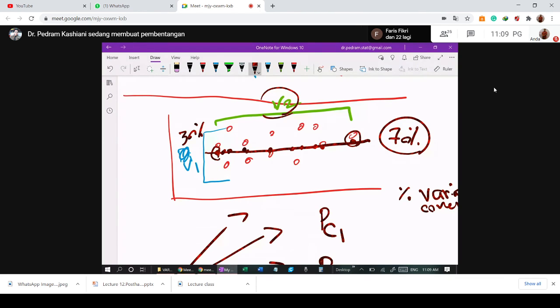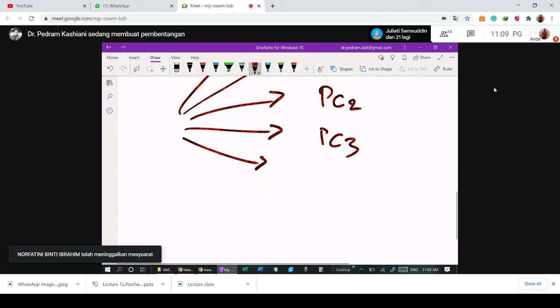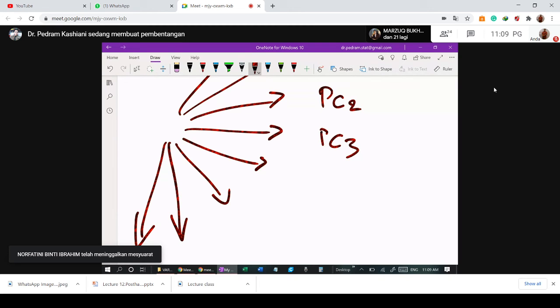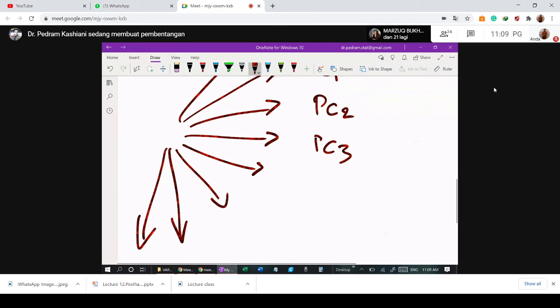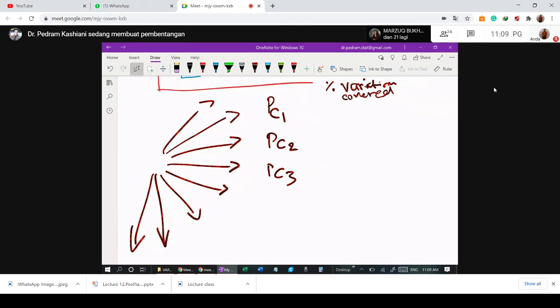So if I forget about V1, I still have 70% of total variation. So why should I measure V1? I just measure V2. Imagine that sometimes we have tens, 20, 30 of these variables. What we do is change them to PCs. This is a calculation that from these variables, I calculate the PCs.